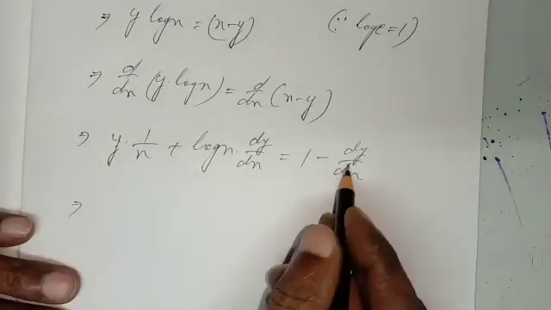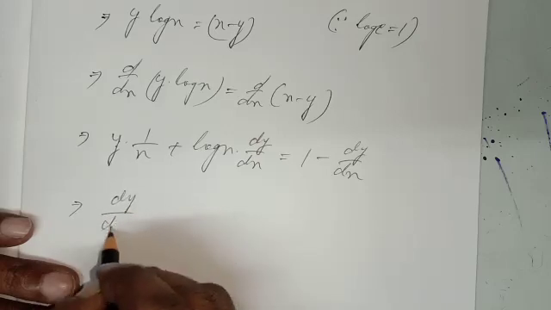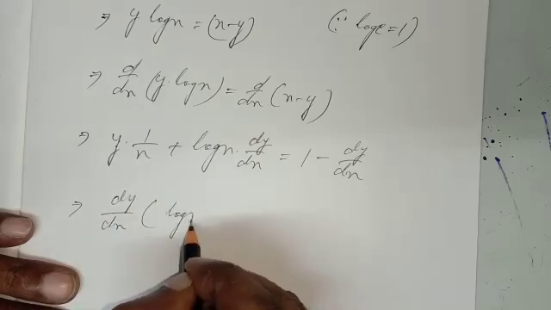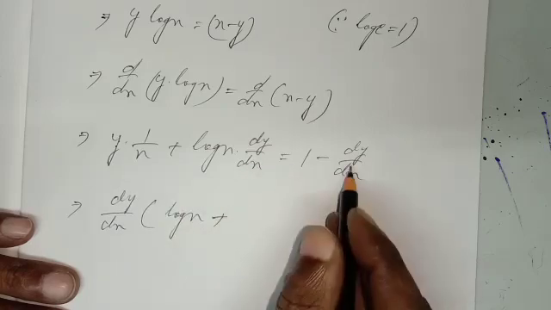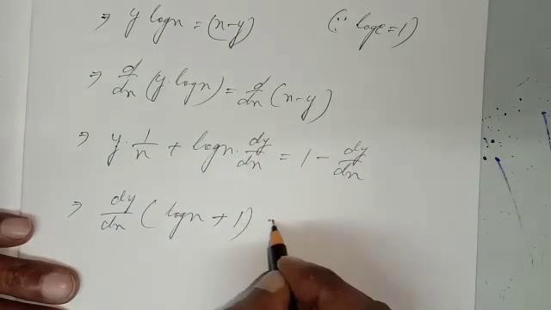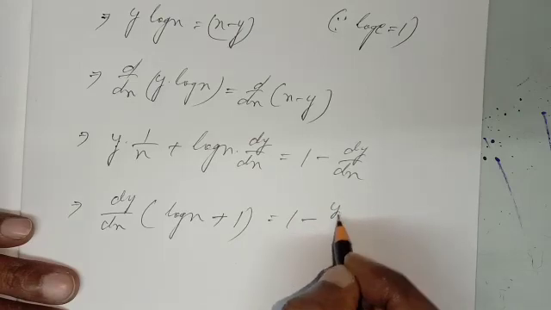Bring this to this side and take dy by dx common: dy by dx into (log x plus 1) is equal to 1 minus y by x.